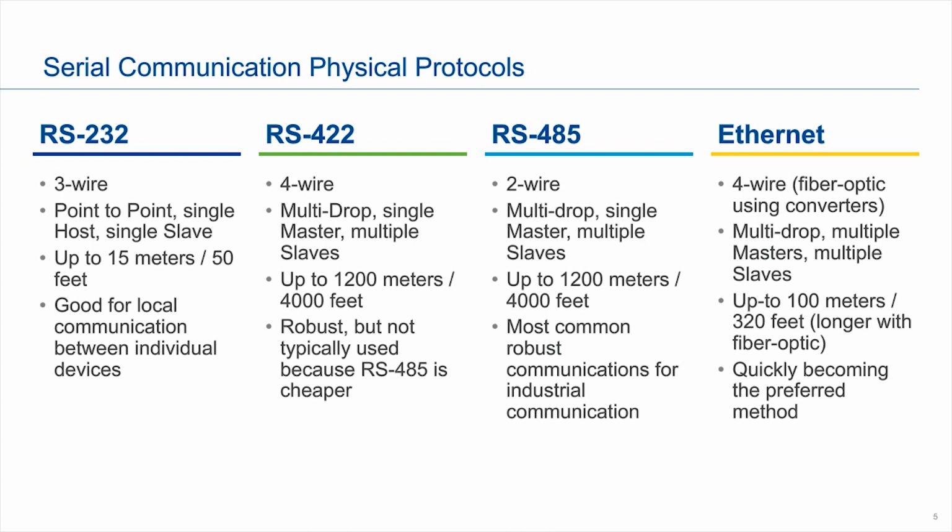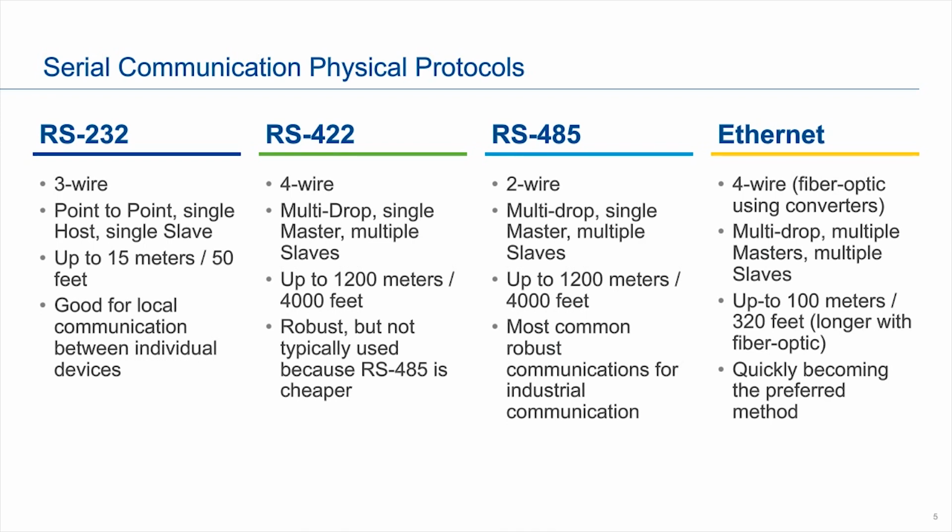So that's a really big advantage. It is relatively short distance though. It's only up to 100 meters or 320 feet. You can use repeaters and you can also use fiber optic to increase that distance. But it's definitely quickly becoming the preferred method. And as we saw in the poll before, it's definitely the preferred method with the people in the call today.